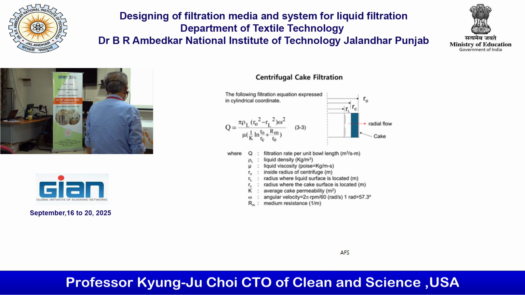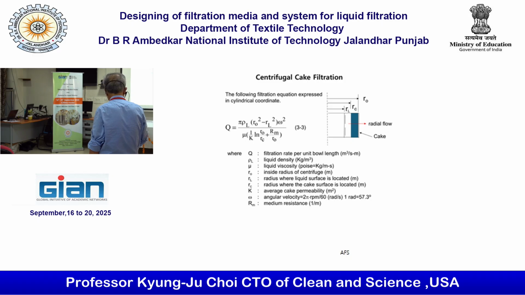The centrifugal cake filtration. See here, if you have the centrifugal, then you have to know omega, the angular velocity. Also, you have to know the length. The R value is quite important. The other important one is the same as the previous one. Media resistance.